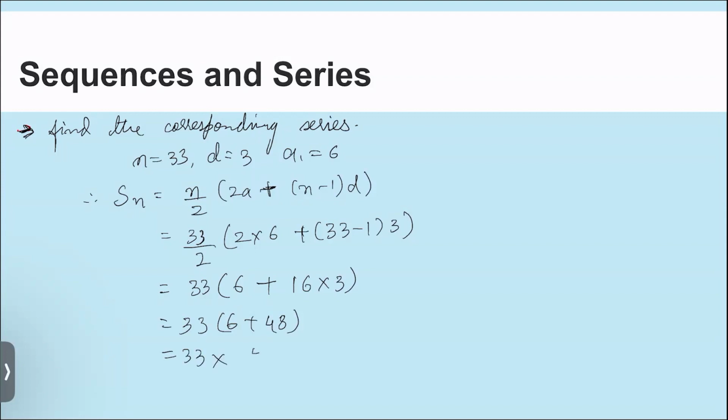So this is 54. Okay, so 33 into 54 is equal to 1782. Okay, so you see, when you know the formula, even if you don't have a particular arithmetic sequence given in the question, it is still easy for us to find it.